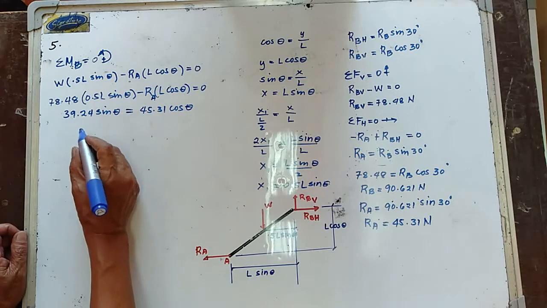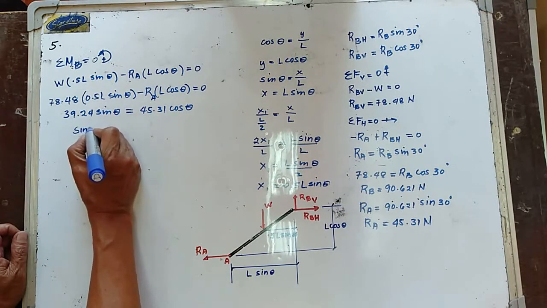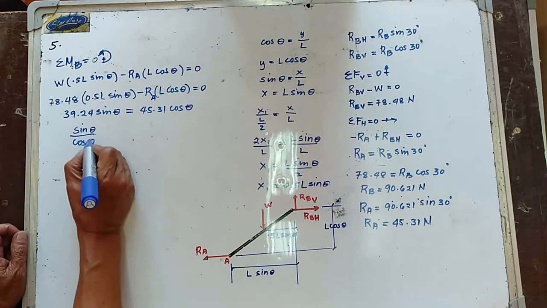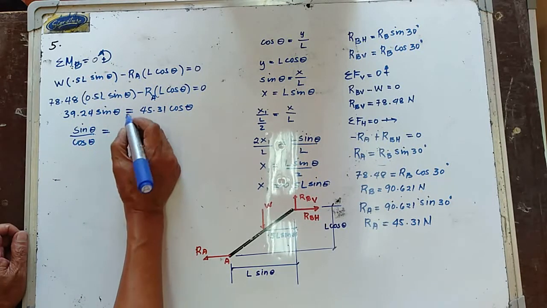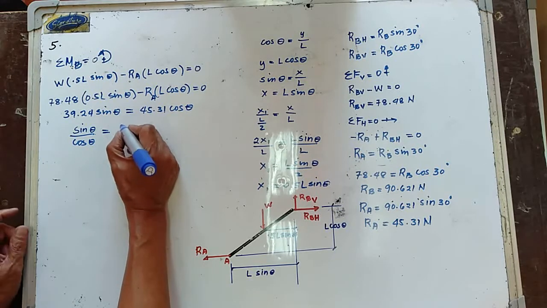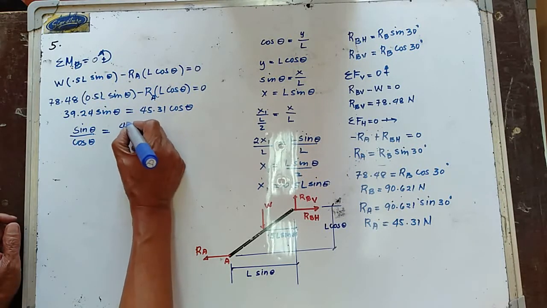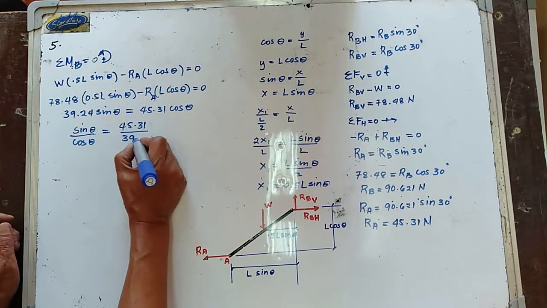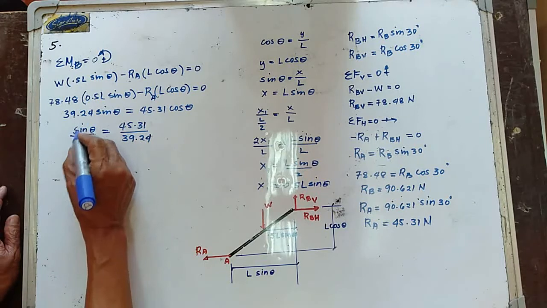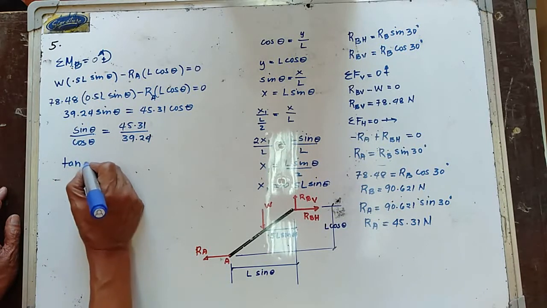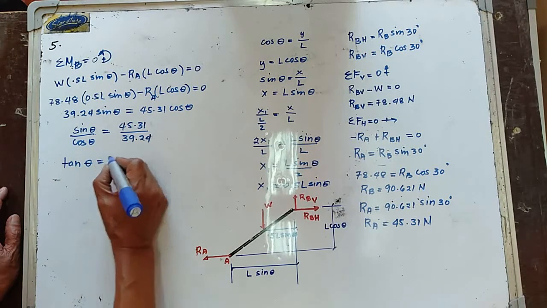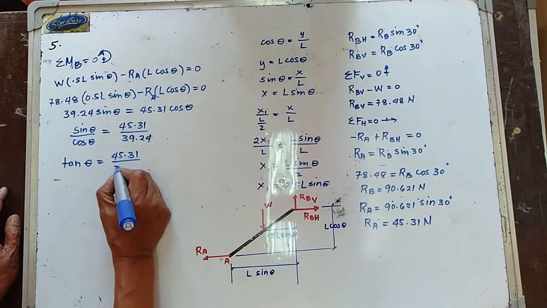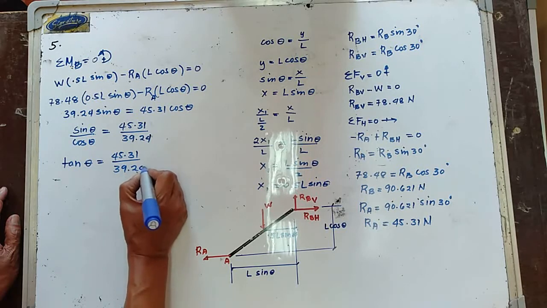So we now have sine of theta over cosine of theta is equal to 45.31 all over 39.24. Sine over cosine is tangent of theta, equal to 45.31 over 39.24.